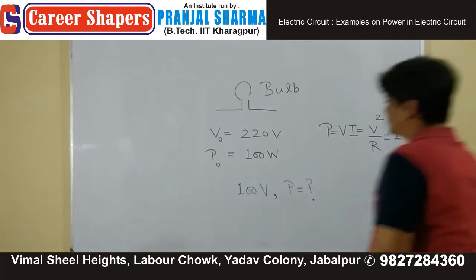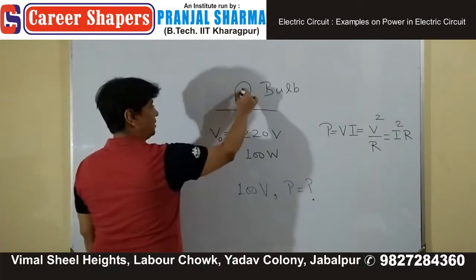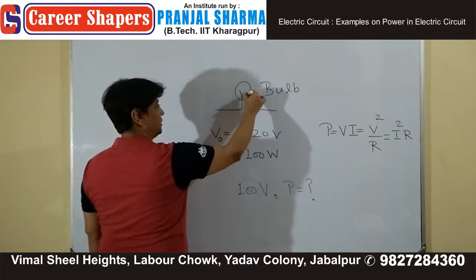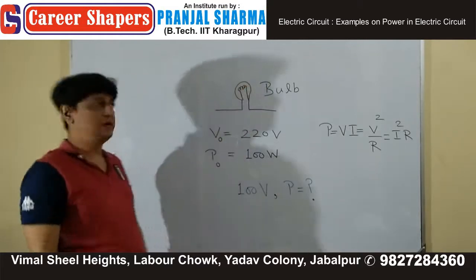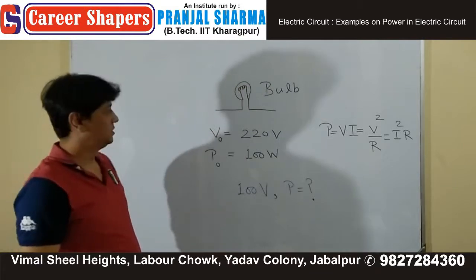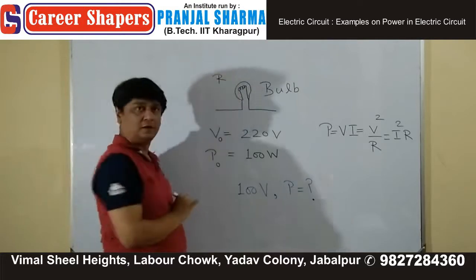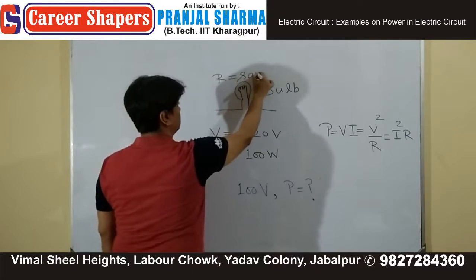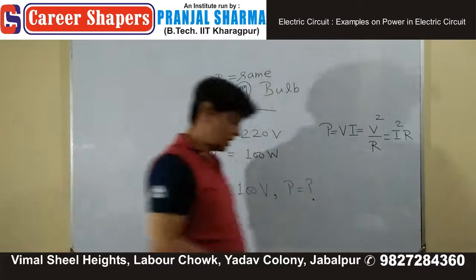Good. Now you answered correctly that it's the filament inside. Hopefully you have seen a filament like this inside. This filament offers a resistance R, and this R will remain same. Resistance will not change.